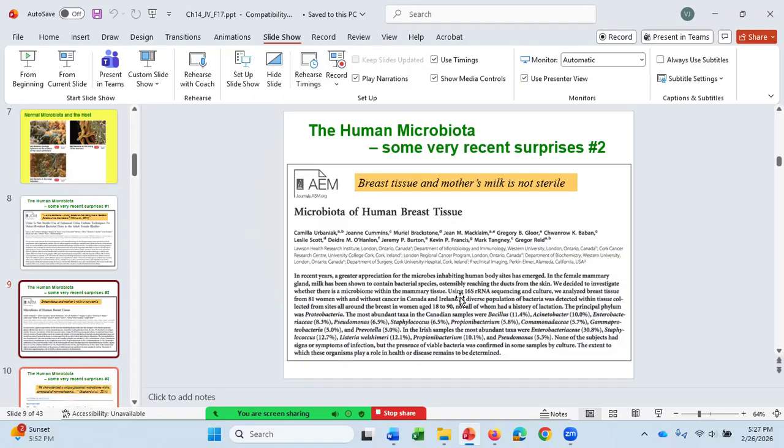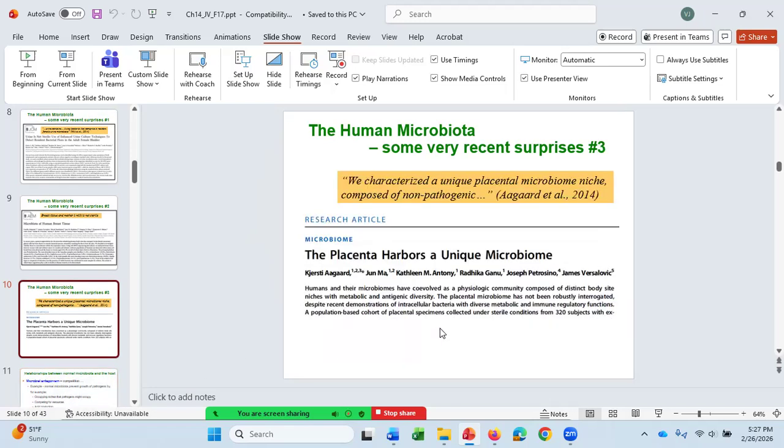Inside the breast tissue, females have normal microbiota. It's actually important for an infant that mother's milk supplies normal microbiota, meaning the mother actually supplies bacteria that is beneficial to the infant. Any question about any of that?